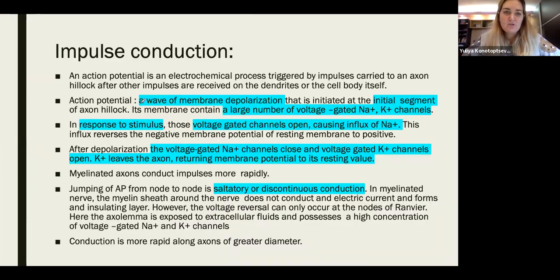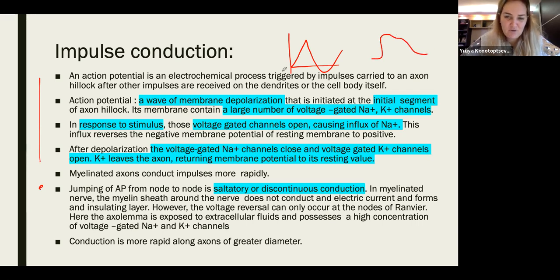Okay, impulse conduction. This is homework for you. You have to make sure that you remember how action potential in a neuron is propagated. So what is the sequence? What do you do, etc. Quickly, I want to get your attention here. You know that it's like a graph that you draw, right? Something like this. Okay, so that's like an action potential, because in the heart, it's like this.